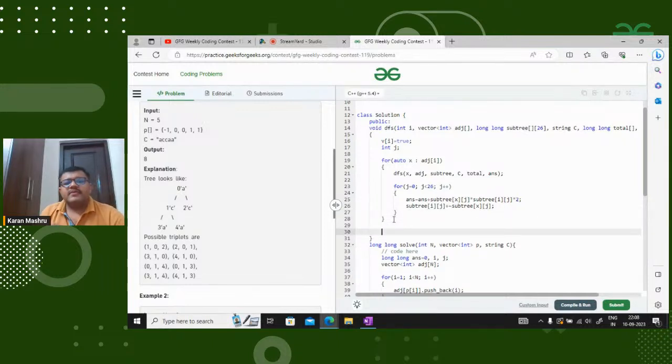Now another possibility is that one of the elements is in the subtree and another is in the remaining part of the tree.